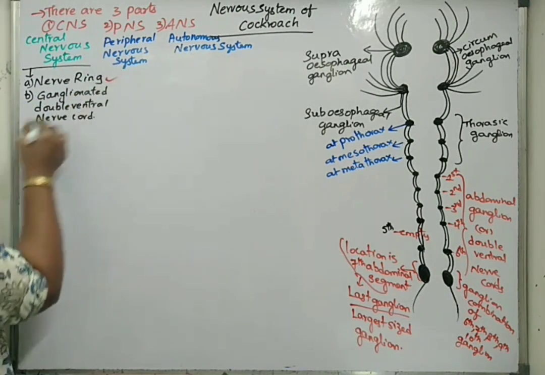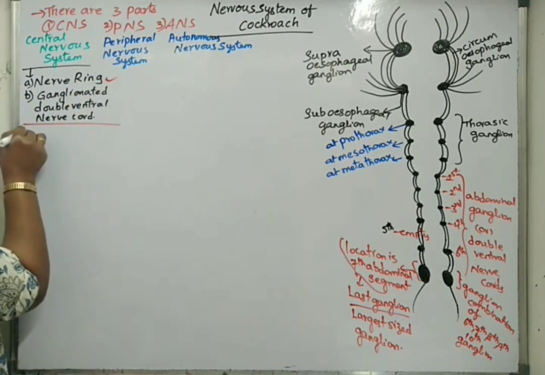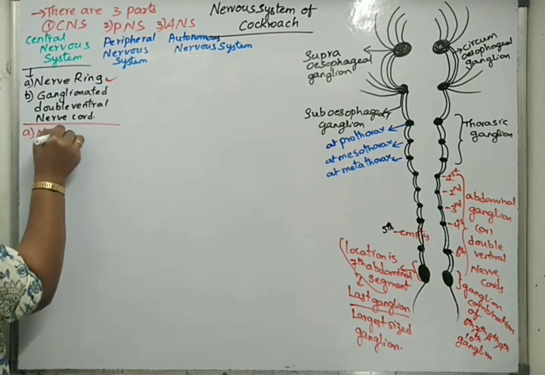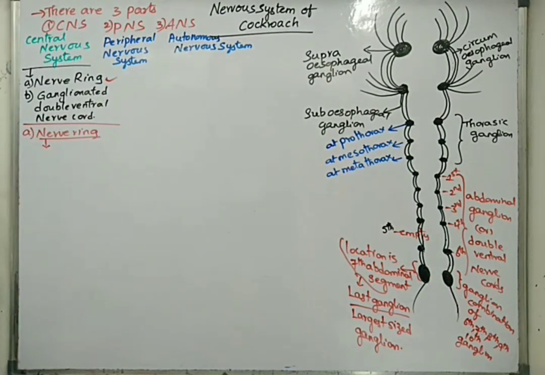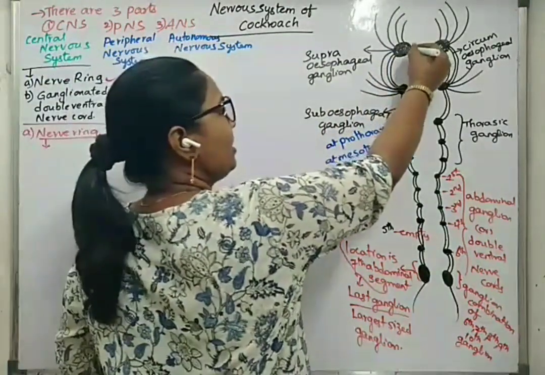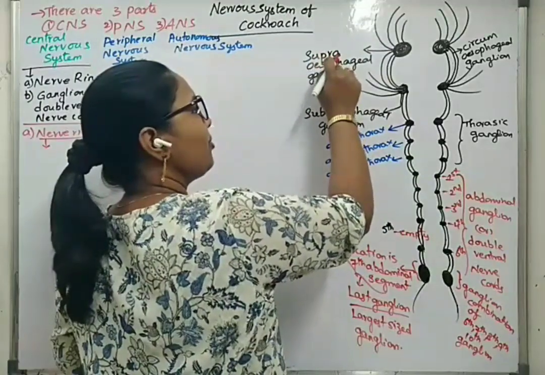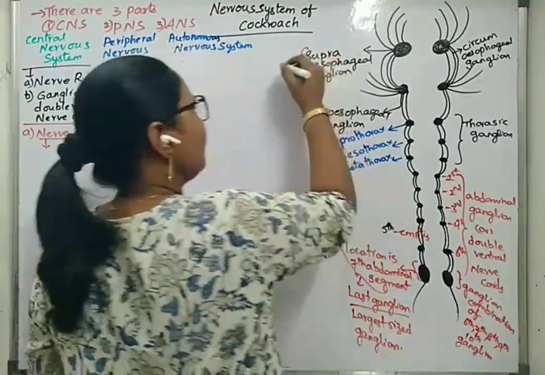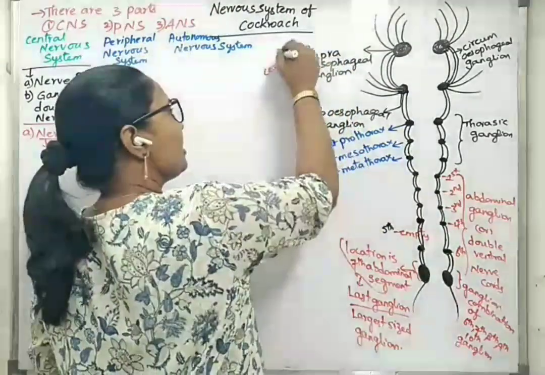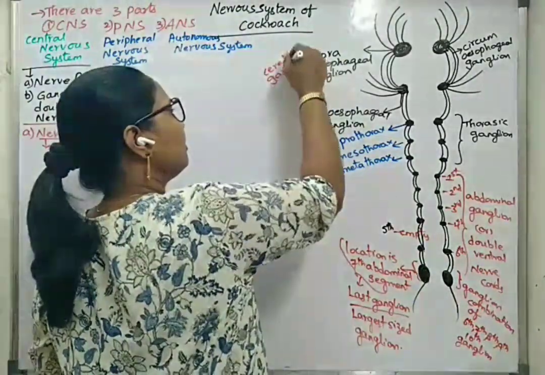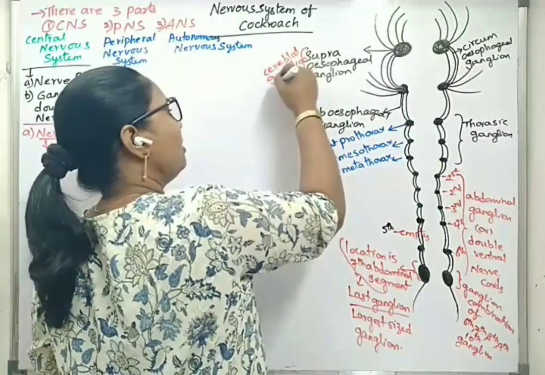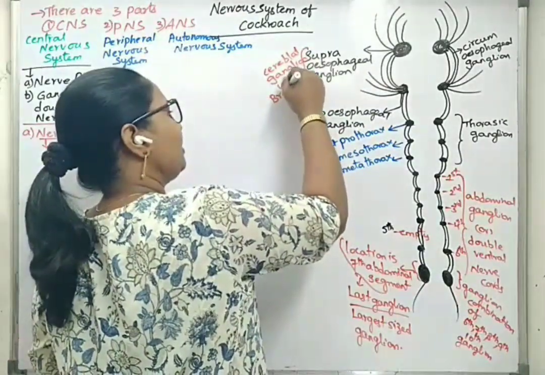This nerve ring is again divided into a few other parts. One is supraesophageal ganglion, which is also called cerebral ganglion, or which is also called brain.